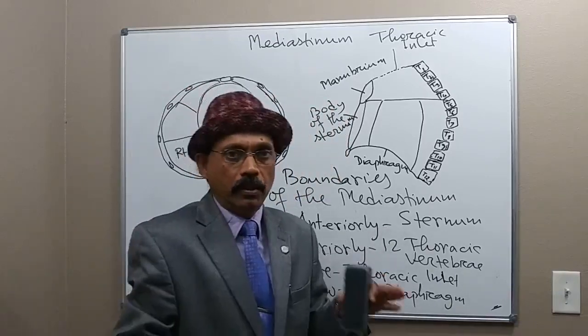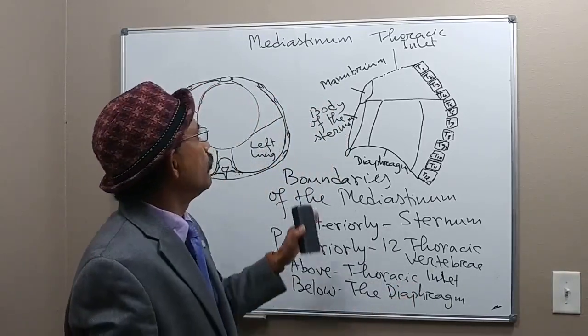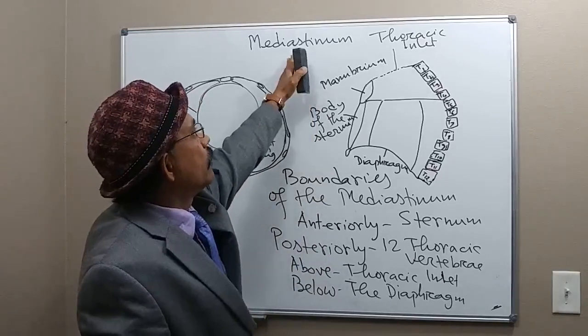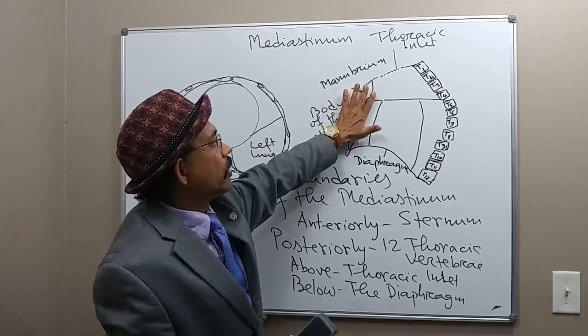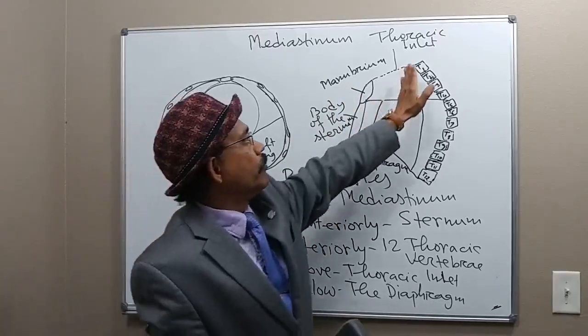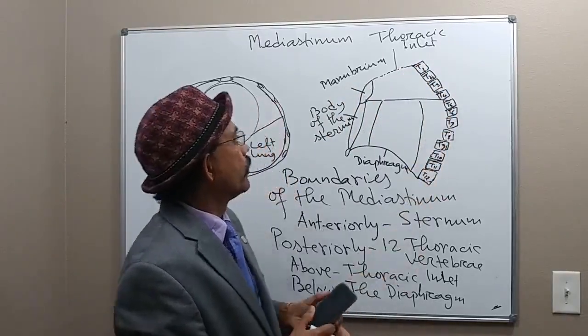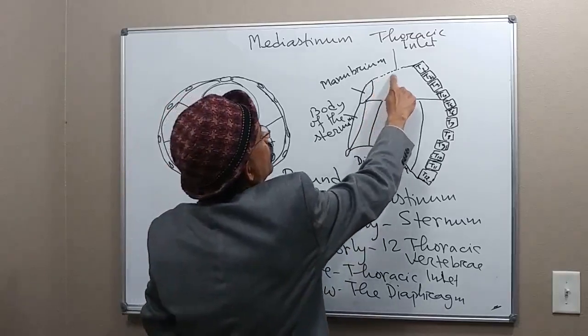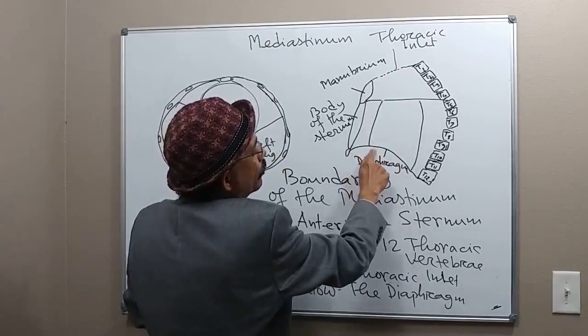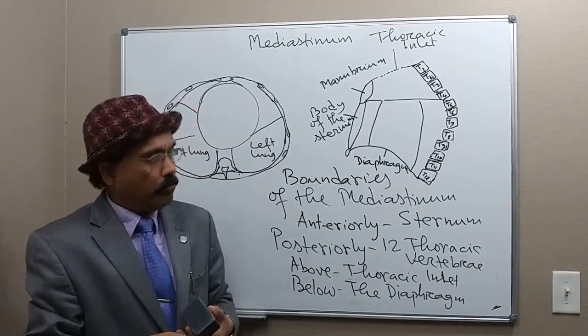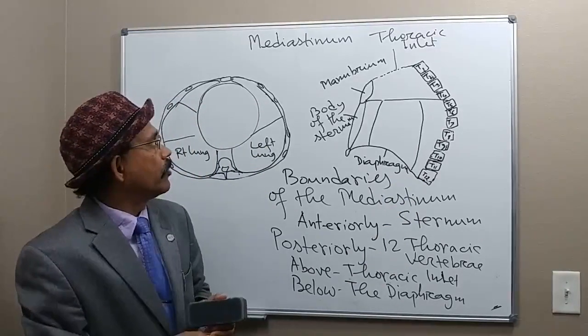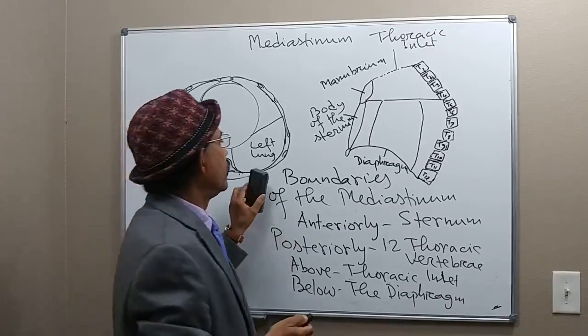We'll go through the contents later. So we have gone through the boundaries of the mediastinum as a whole: bounded anteriorly by the sternum, posteriorly by the 12 thoracic vertebrae, above by the thoracic inlet, and below by the diaphragm.